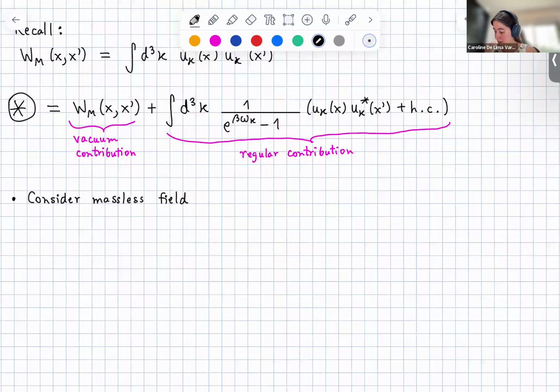In this case, as I mentioned before, omega k is going to be just k. And for a static detector, t is going to be tau, and the spatial part is just a constant, 0 or whatever.